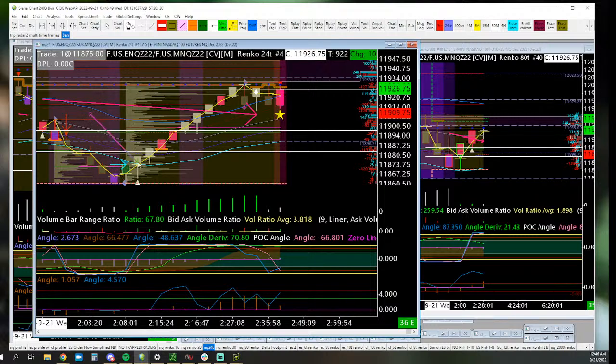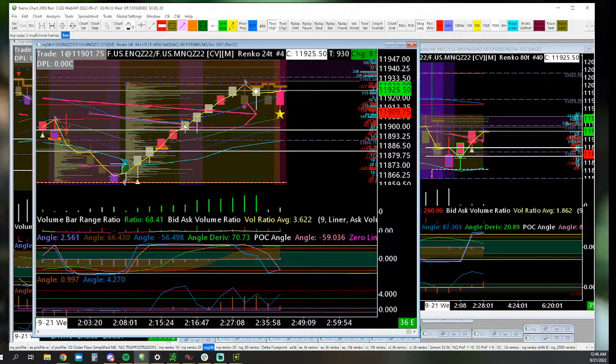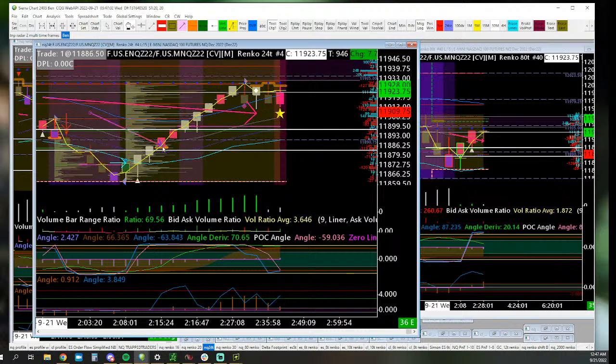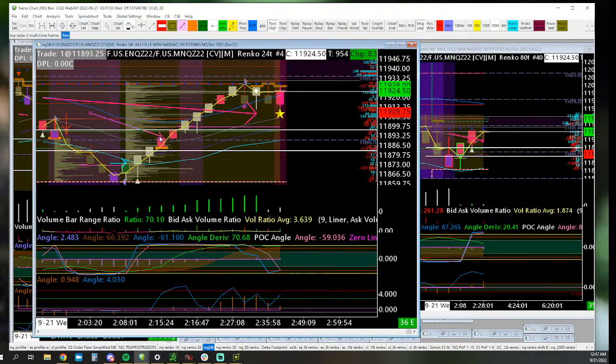The yellow line is the point of control of each bar. Let's say you were waiting for the point of control to cross the mid of the channel. That does happen here, right? But you don't know that happened until the close here, and really even at that point, it didn't quite hit it. It was like here, so you really don't know until here. And by that point it's way up here, right?